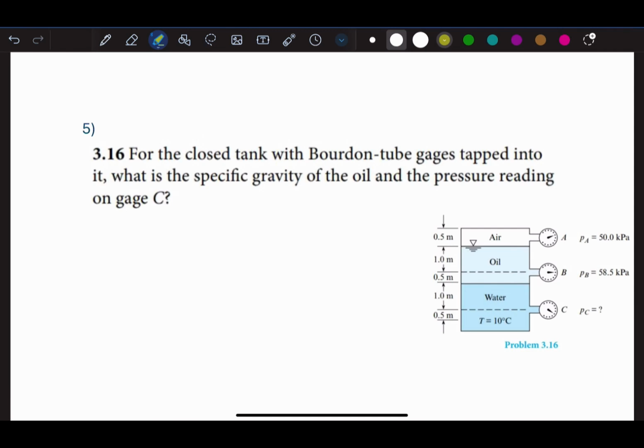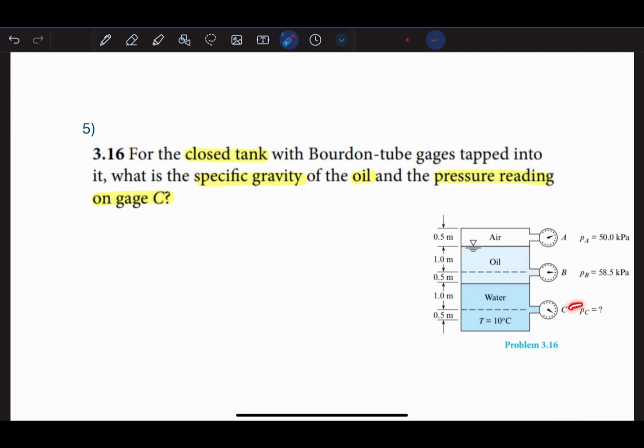Okay, now question 5, 0.16. We have a closed tank, and we had some gauge stepped into it, and we define specific gravity of the oil and the pressure reading on gauge C. So in this type of closed tanks, we will have a very simple calculation because, for example, at this point, this pressure will be equal to pressure above it.